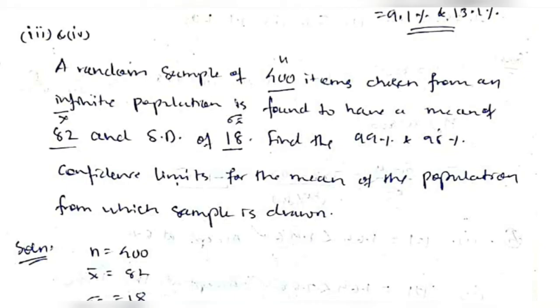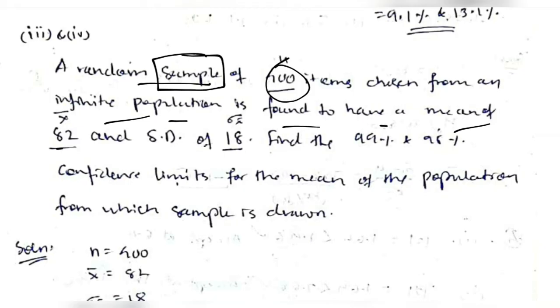Observe carefully here, we are choosing from a random sample. Sample is given, so it's not the population. Of 400 items from an infinite population, it is found to have a mean of 82 and standard deviation of 18. So here we are getting the mean and the standard deviation of a sample from the infinite population.